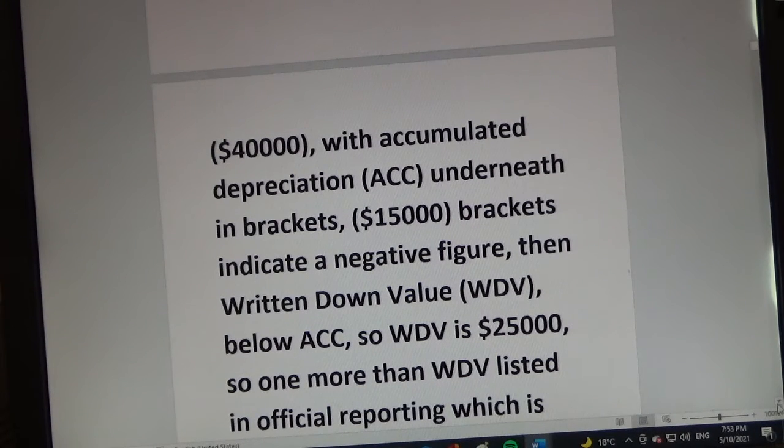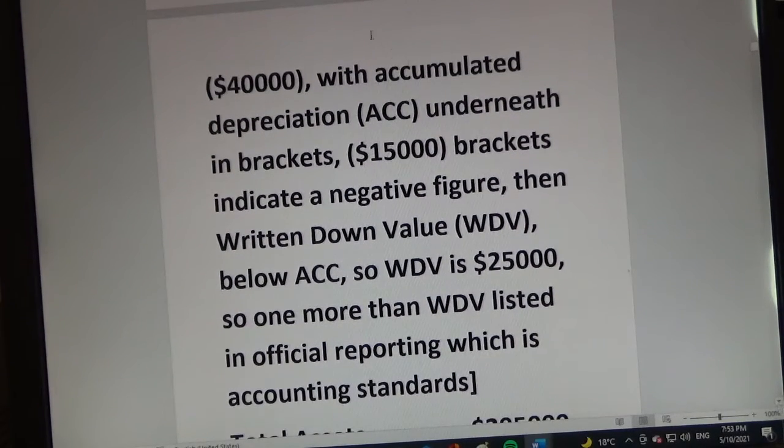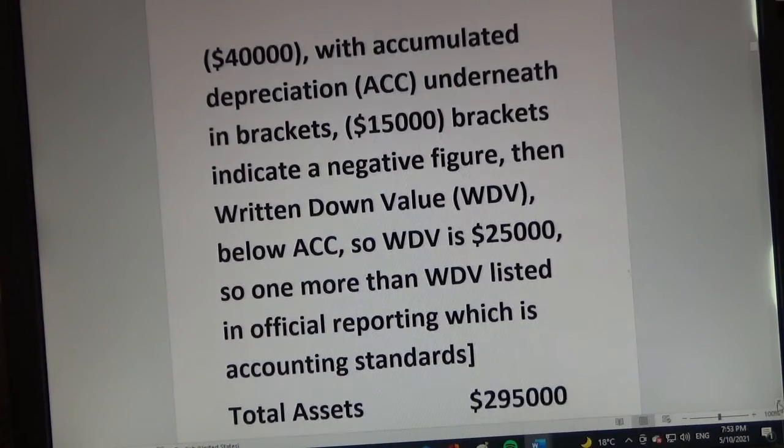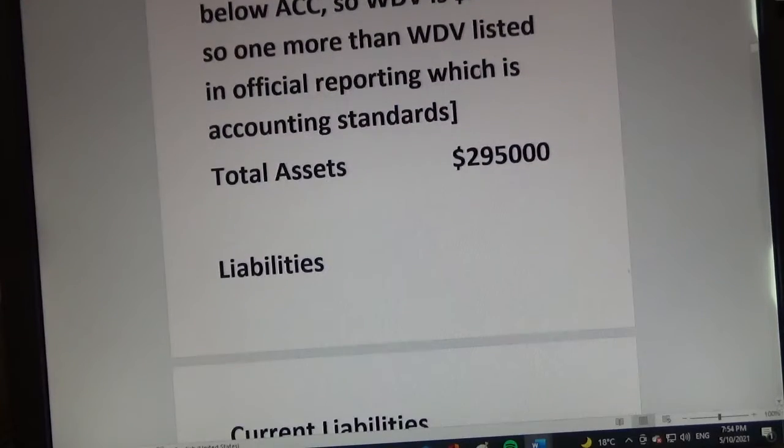That's adding up all the depreciation expenses. That's a negative figure, $15,000, in brackets. So $40,000 minus $15,000 gives you a written down value at that point in time of $25,000. And that point of time is, we said, 30th of June 2021. That is the format for listing assets in the accounting standards.